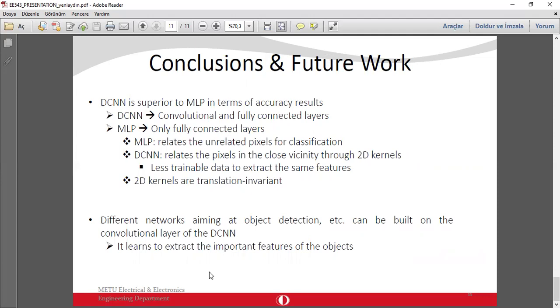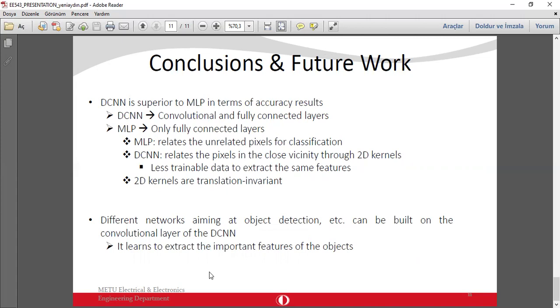However, deep CNN relates the pixels in the close vicinity through 2D kernels, and also the 2D kernels are translation invariant. Because of these reasons, deep CNNs are translation invariant, and they might utilize fewer trainable parameters to extract the same features.